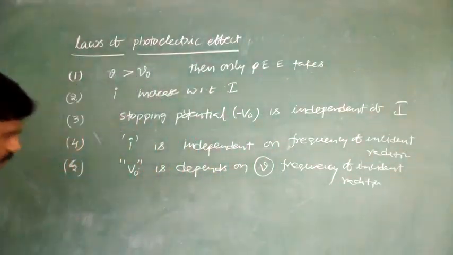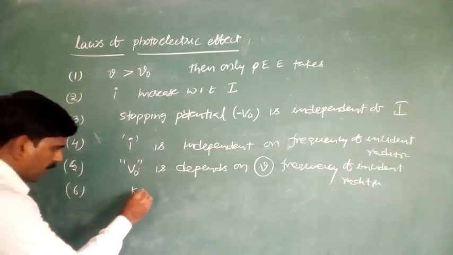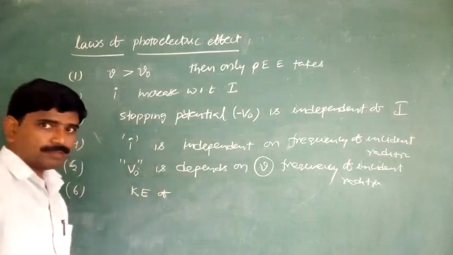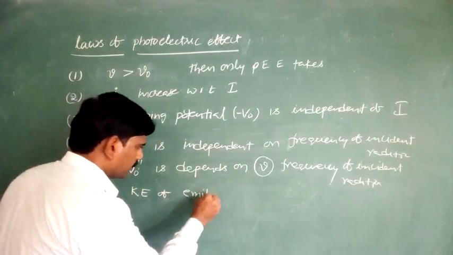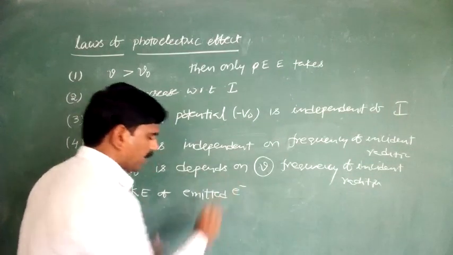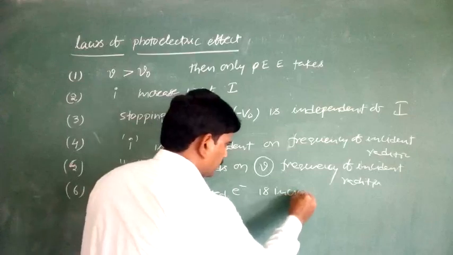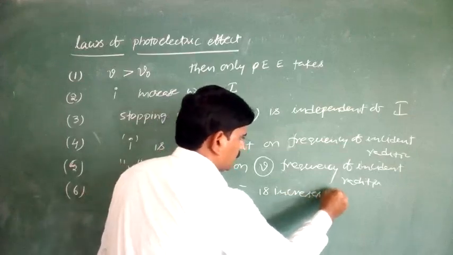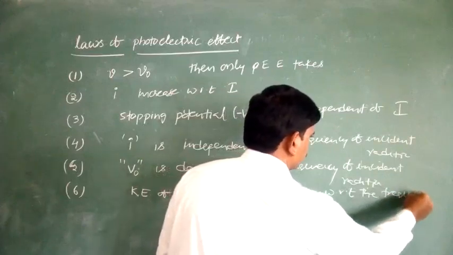Next, sixth one: kinetic energy of emitted electrons increases with respect to the frequency of radiation.